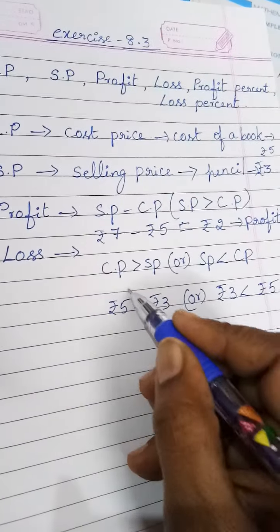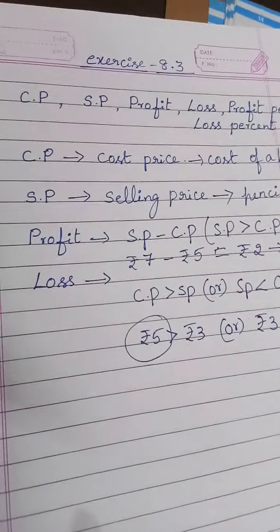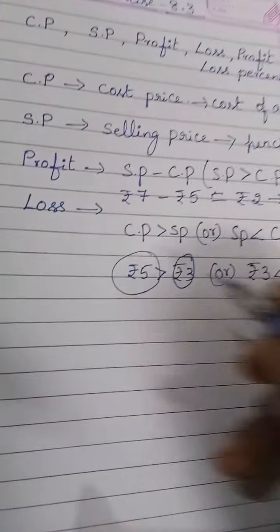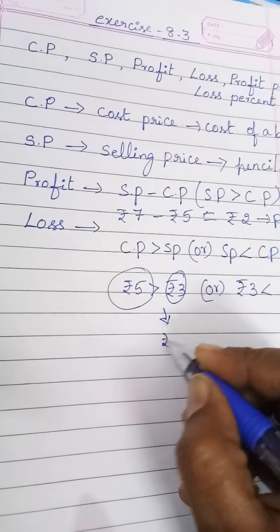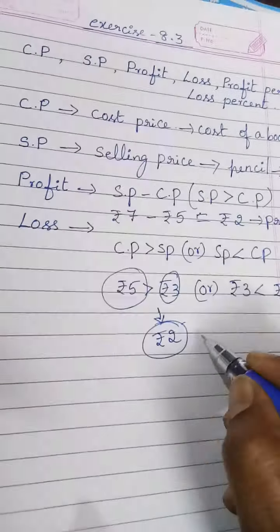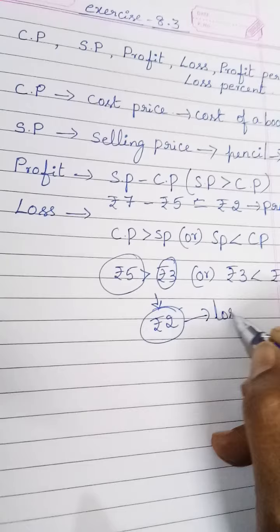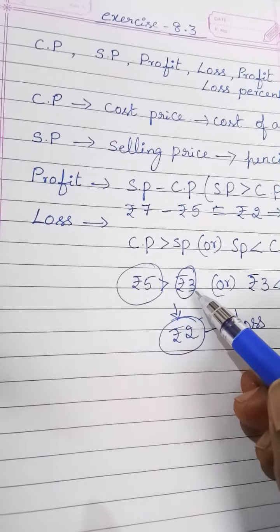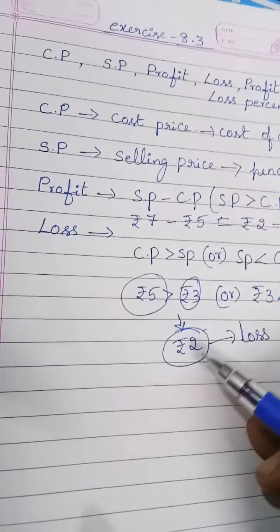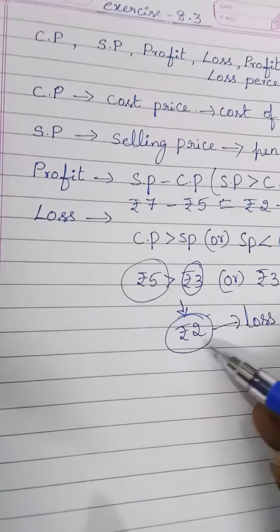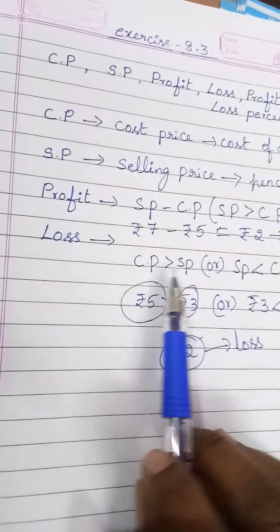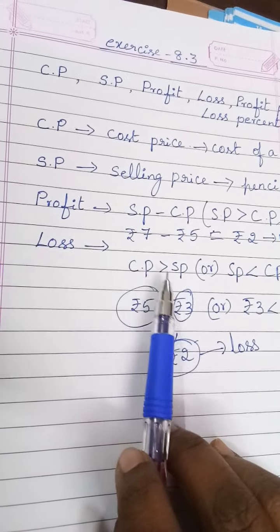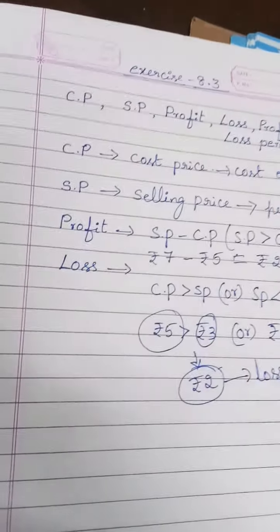You bought the book for 5 rupees, but if you sell it for 3 rupees, you lose 2 rupees. This is the loss amount for you. So loss means CP is greater than SP, that is, cost price is greater than selling price.